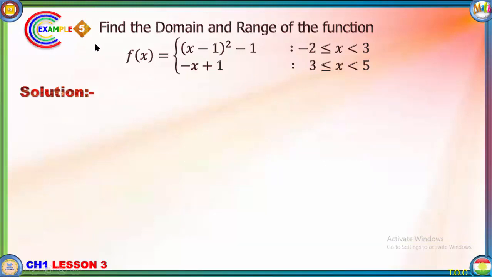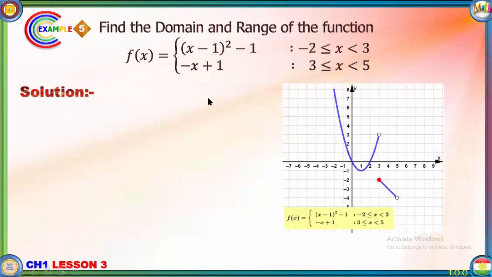Example number 5. Find the domain and the range of the function f(x) equals (x minus 1) squared minus 1 when -2 is less than or equal to x and x is less than 3, and minus x plus 1 when 3 is less than or equal to x and x is less than 5. If we draw the graph of the function, it looks like this.